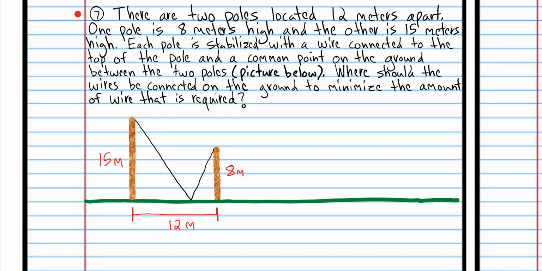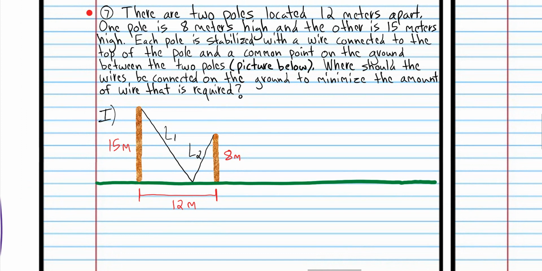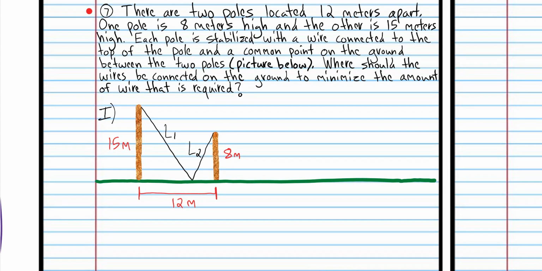So in this problem they wrote the picture for us. Where should the wires be connected on the ground to minimize the amount of wire that is required? Okay, so step number 1 is mostly done for us, but we do need some variables. We need L1 and we need L2, the length of the wires. We're going to minimize the length of the wires. So step number 1 is actually done for us, so that's good.